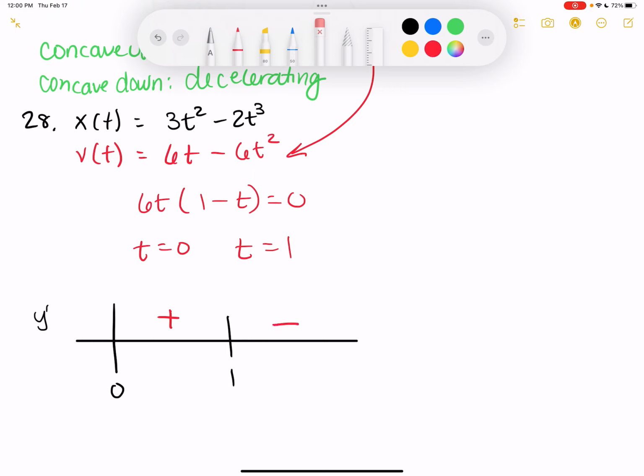So it's positive here, so that means that it's increasing and it's going right. And then on the other one, it's negative, so it's decreasing. We're going left.